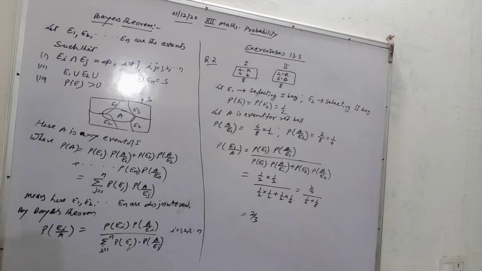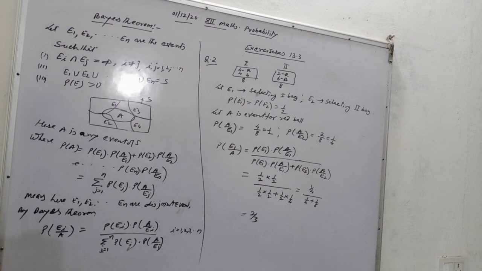Then by Bayes theorem, the question asks for the probability that the ball is drawn from the first bag, so you need the ball to be from the first bag. The first bag is event E1. So P(E1/A) means the drawn ball is red and it is from the first bag.